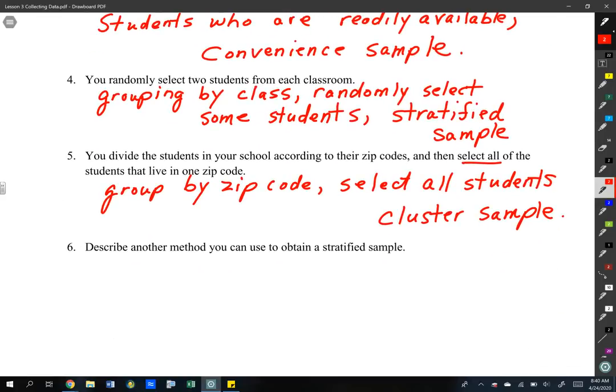And then it says describe another method you could use to obtain a stratified sample. And I'm sure there are many, many different answers here. What I have down here is small groups that share a similar characteristic. For example, you randomly select 2 teachers who live within 5 miles of the school. So again, when we're talking about stratified, we're talking about small groups.